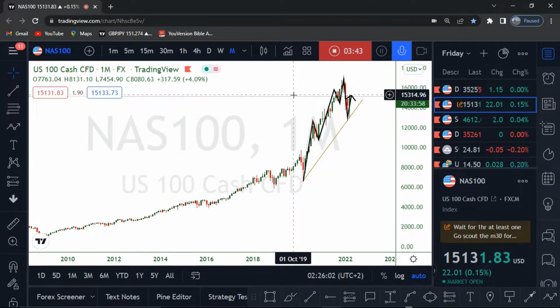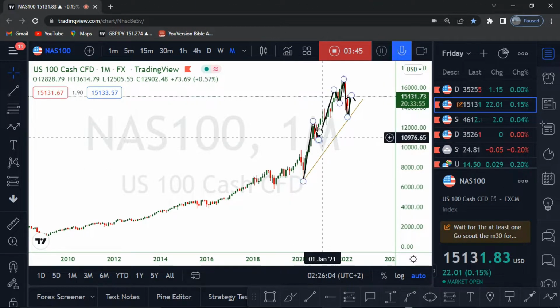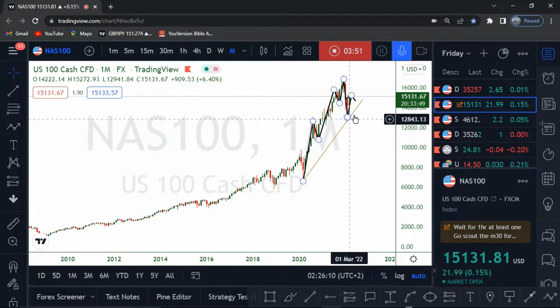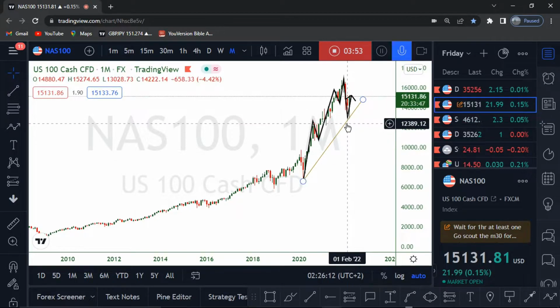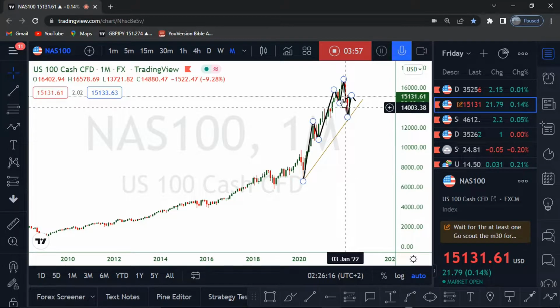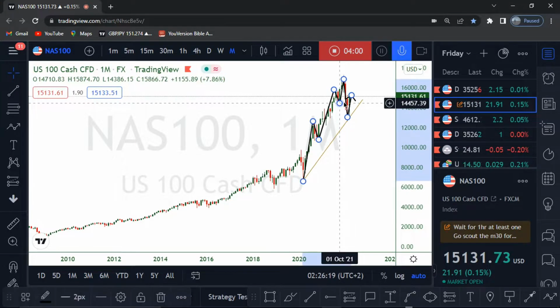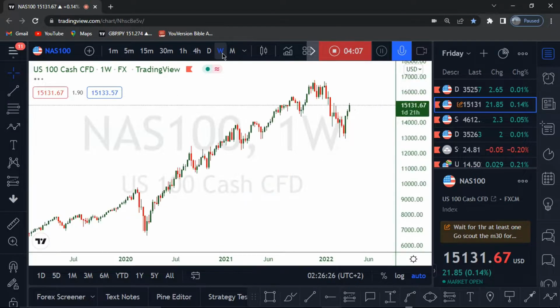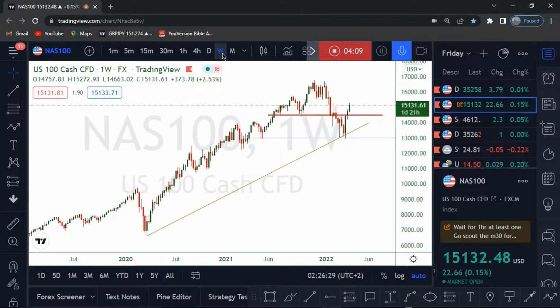What I mean by that is that we're making higher highs, higher lows, higher highs, higher lows, and all of a sudden we stopped and started creating lower lows, and we have a new lower high potential. So what does that signal to us? It signals that there could be a huge potential trend change to the downside. So let's go into the weekly and find out more on what's happening.